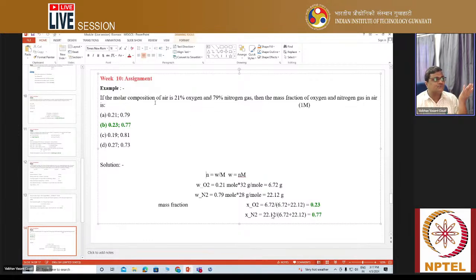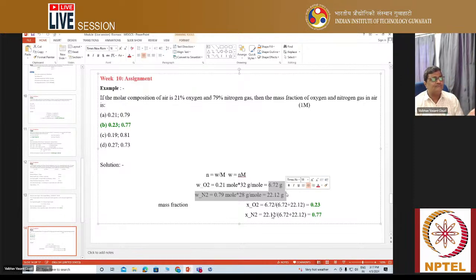Here we know the molar composition of the oxygen is 0.21. So the weight of the oxygen is equal to the molar fraction of the oxygen times its molecular weight, that is 32 gram per mole. Similarly for the nitrogen it is 0.79 times 28 gram per mole. If you multiply these, we are converting these moles into grams.